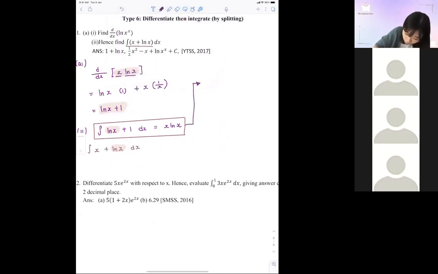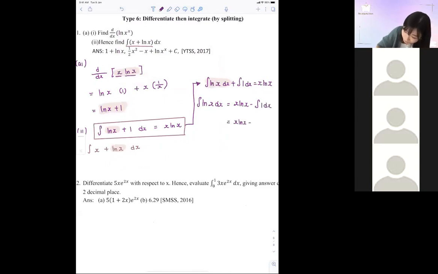I write down: integrate ln X dx plus integrate 1 dx is equals to X ln X. I only want integrate ln X. So this part here that I don't want, I bring over. So integrate ln X dx is X ln X minus integrate of 1.